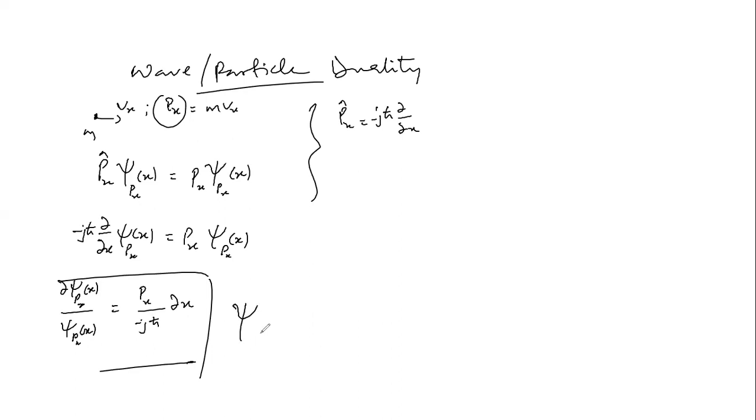The solution will be, once you resolve this, psi p sub x of x is the same as some constant times e to the j p sub x x over h cross, because this is not the t, this is the x.